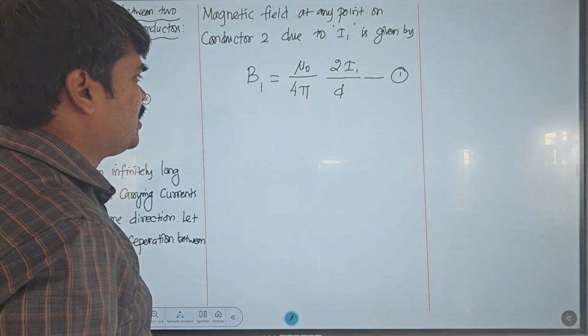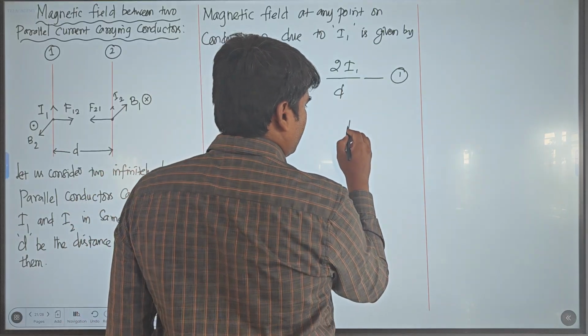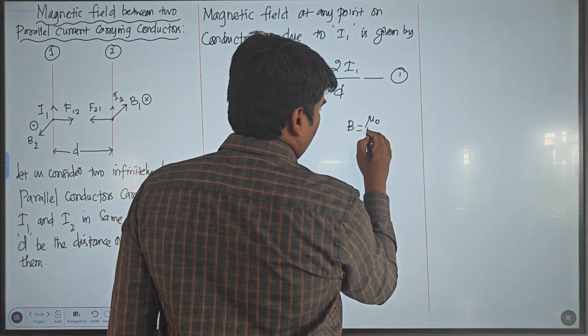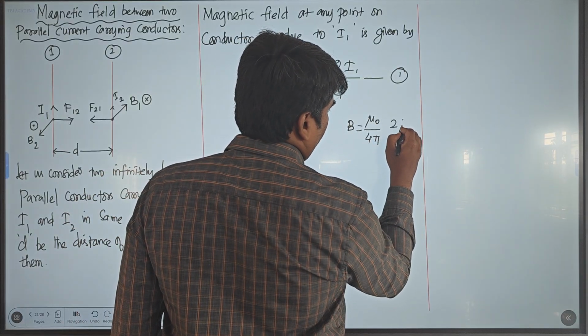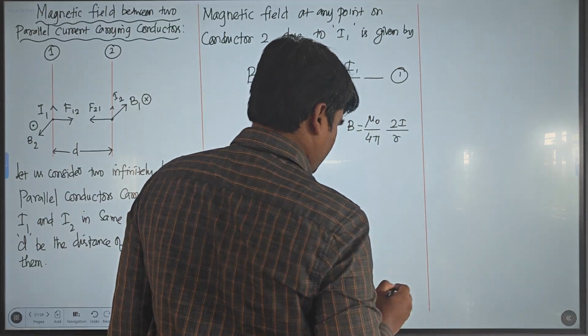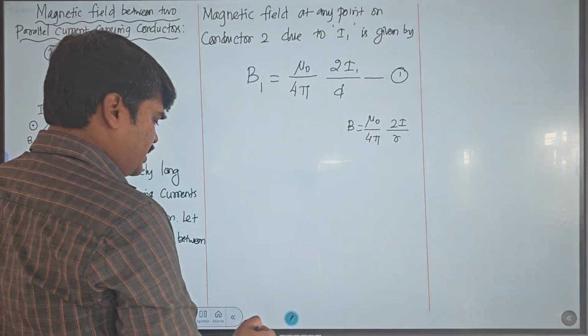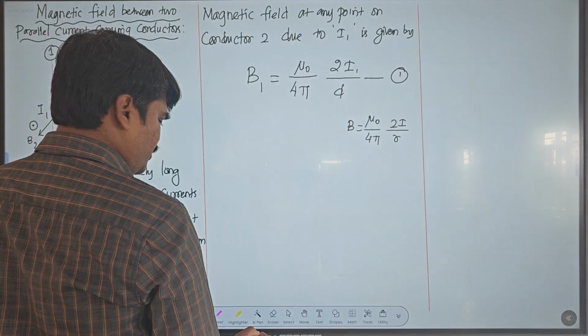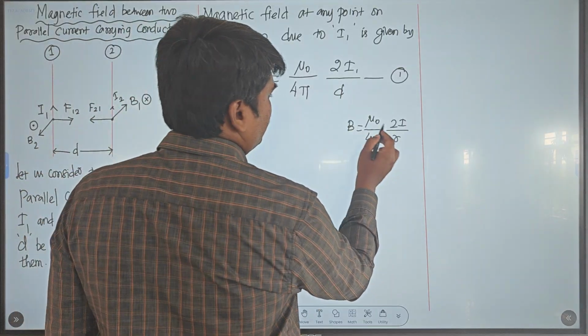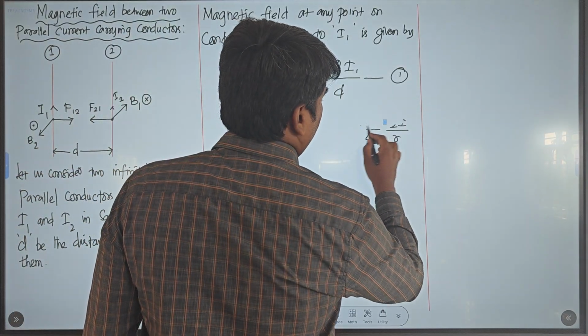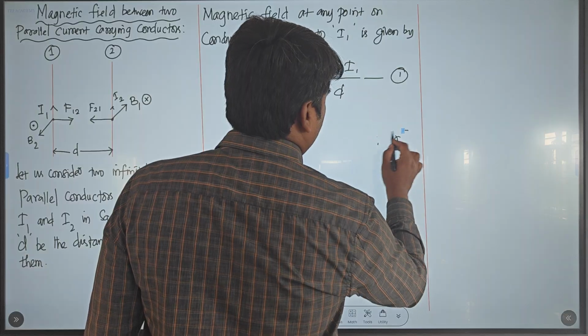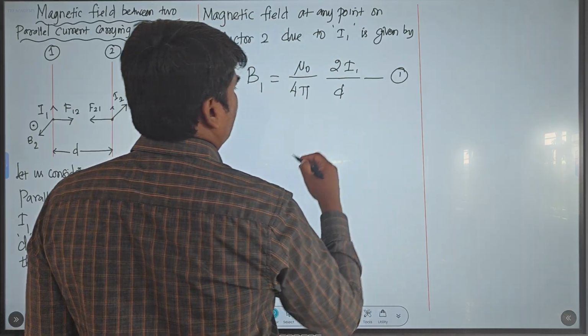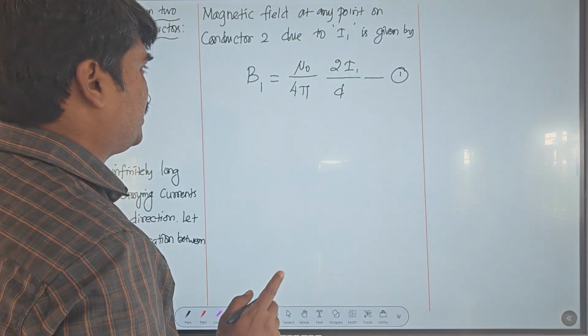Very simple. This is written from the expression B equals mu naught by 4 pi into 2I by R, where R is the distance, but here we have taken the distance of separation as D. Therefore, this expression will change to what is written on the board. This is the magnetic field due to current I1 at any point on conductor 2.